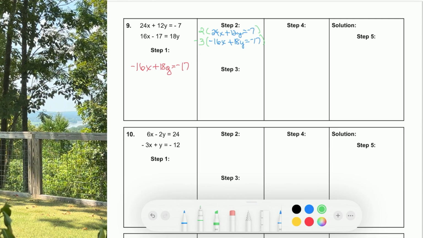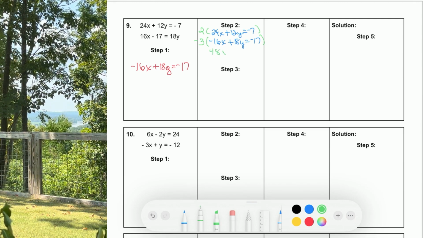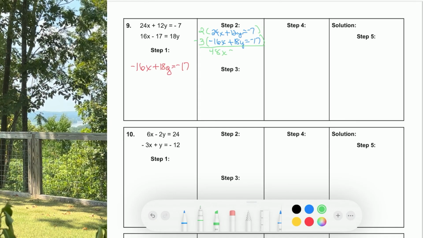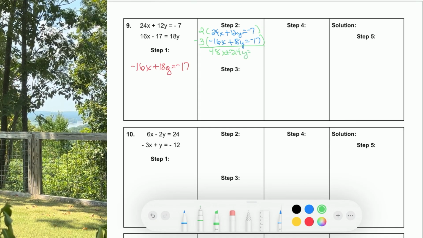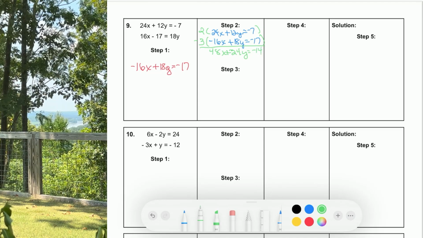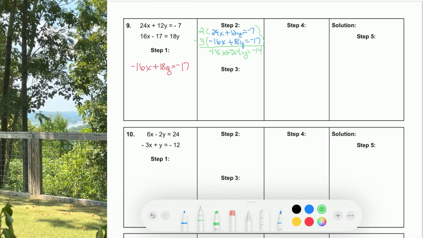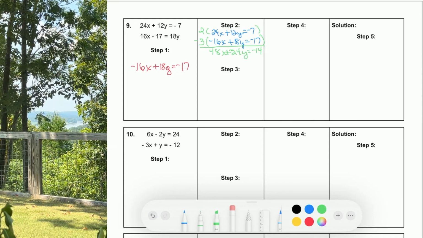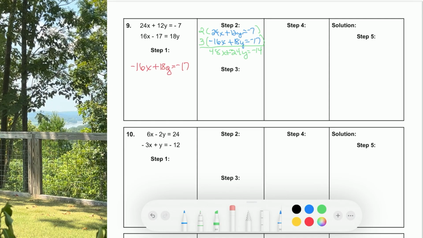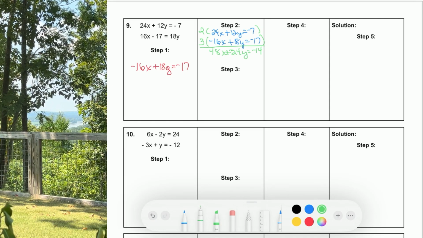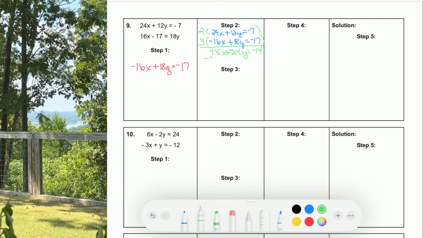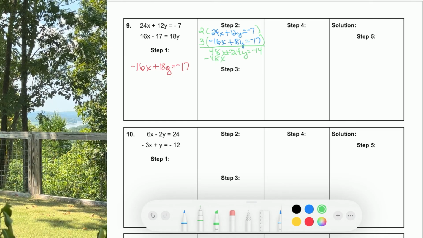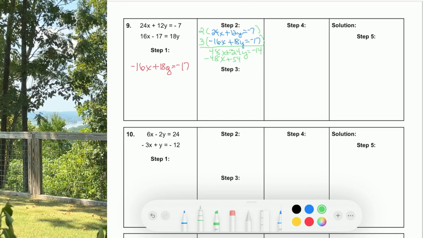All right, so that's going to give us 48x. 2 times 12 is 24y. And then 2 times negative 7 is negative 14. Actually, we need to do this by a positive 3 because we want our x's to be opposite signs. So 3 times negative 16 is going to give us a negative 48x. 3 times 18y is going to give us a plus 54y.